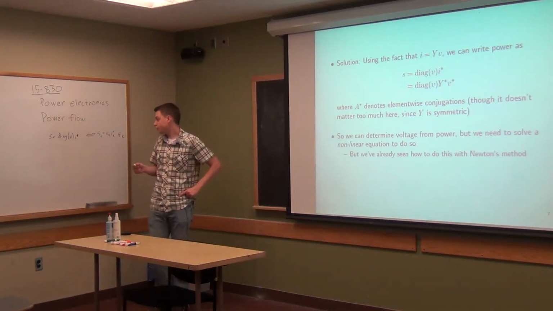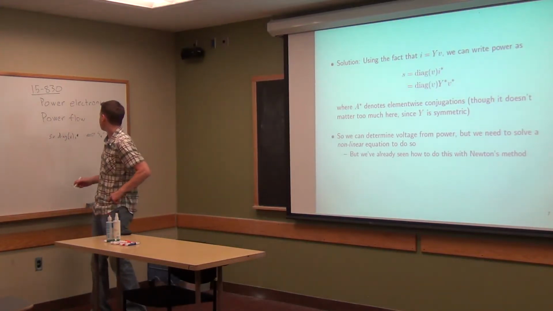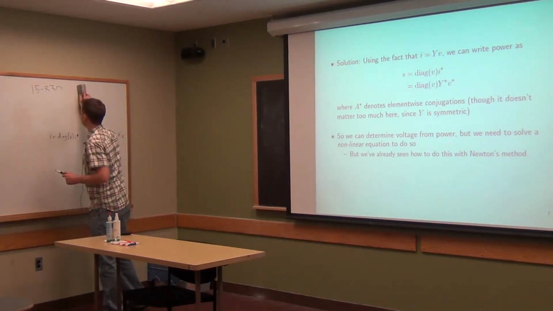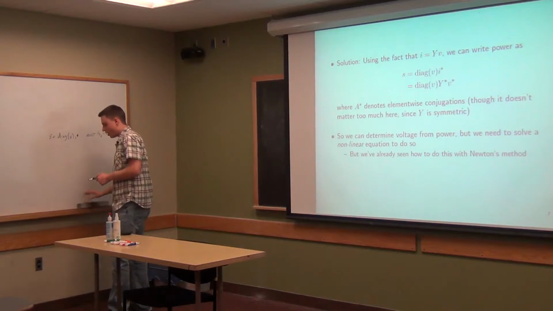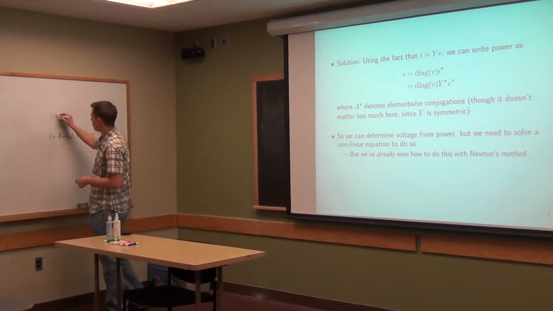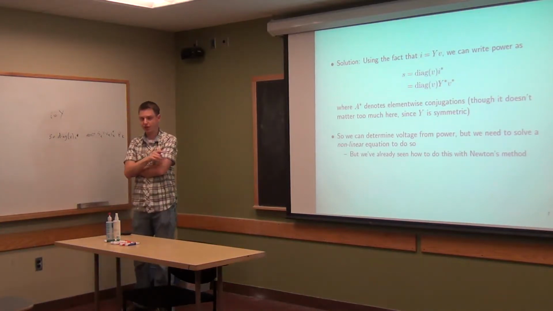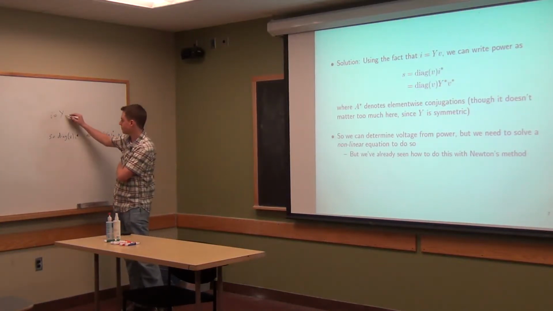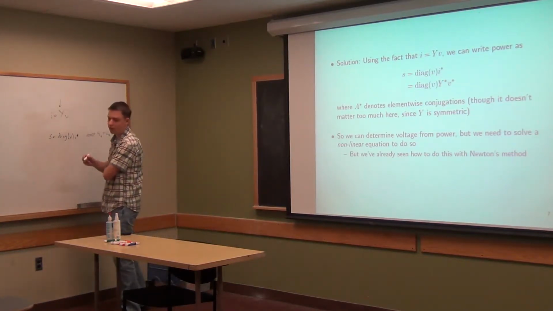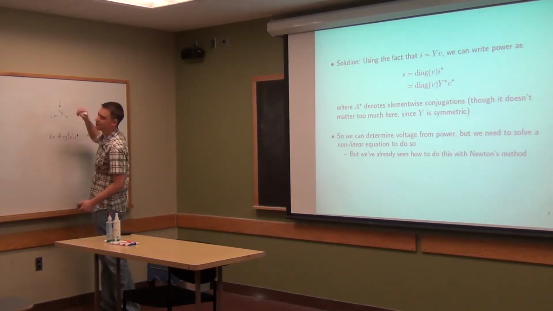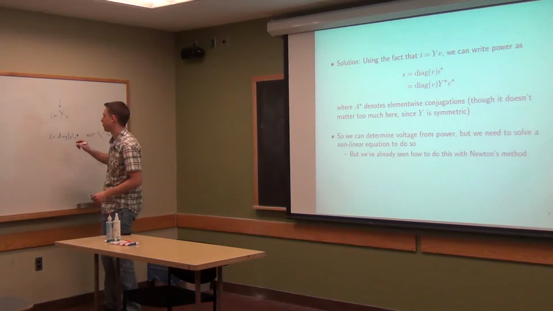Now, I erased it before, but we also know that the current just equals this admittance matrix Y, and we'll talk in a second about how you actually form this. This is called the admittance matrix. It's somewhat the inverse of the impedance matrix, modulo the fact that these aren't actually invertible.